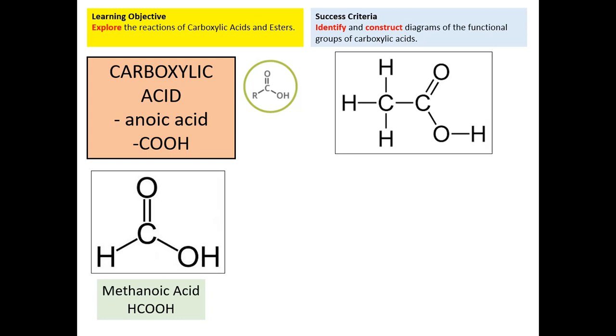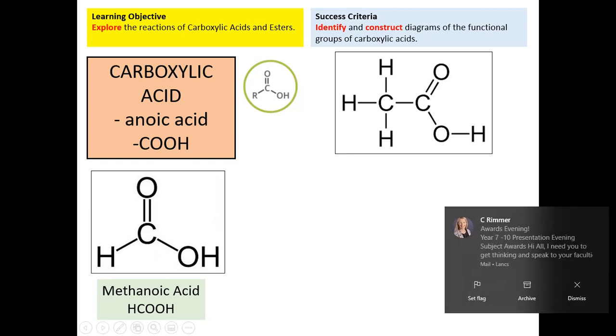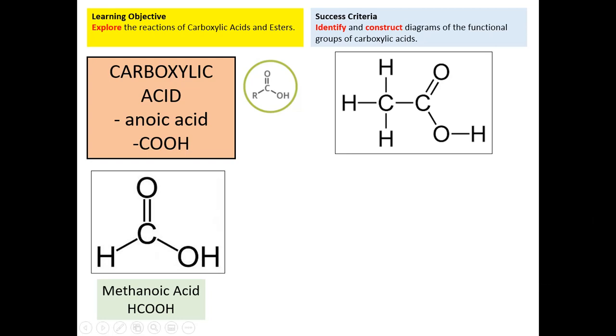On the second carbon atom, or the last one if you've got more, put to the side the C double bond O and the OH, and then you fill up with hydrogen atoms so that you've got 4 bonds coming from each carbon atom. So this would be ethanoic acid.